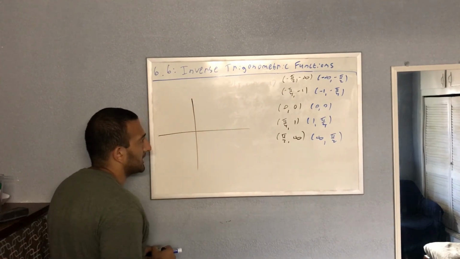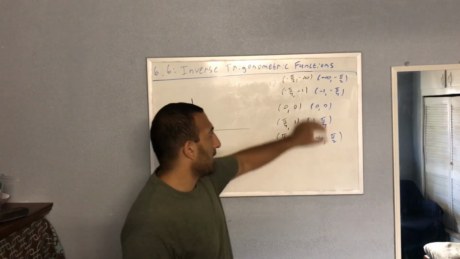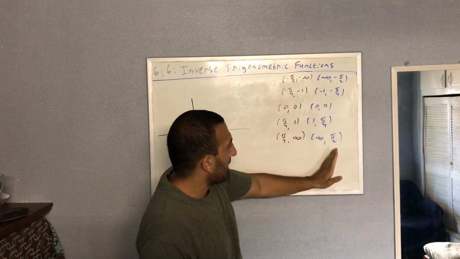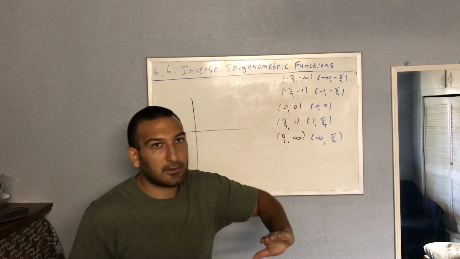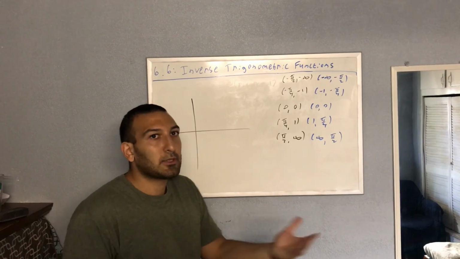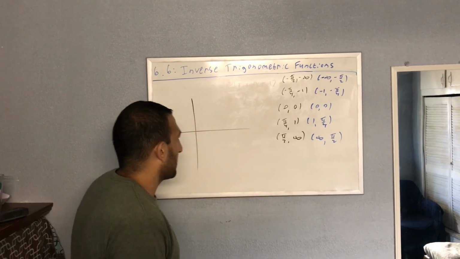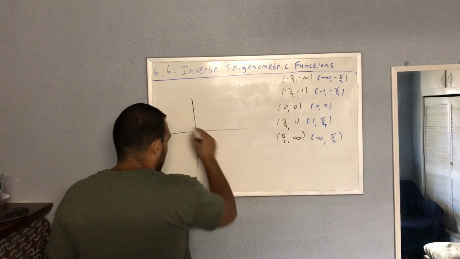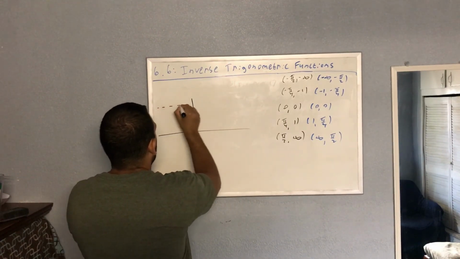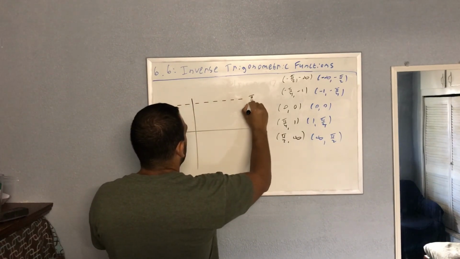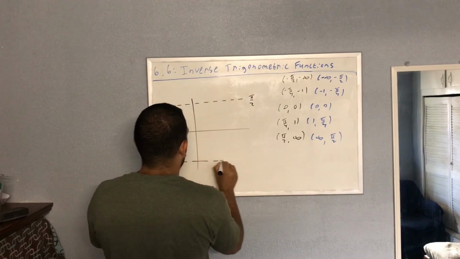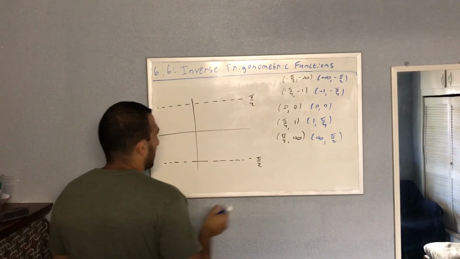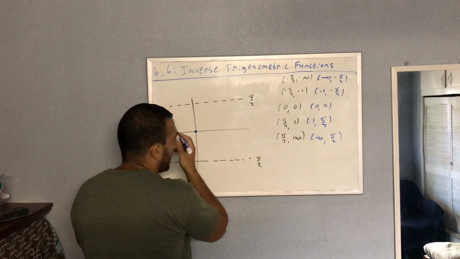And so notice that the x-axis values go from negative infinity to positive infinity, but the y-axis values are trapped between pi over 2 and negative pi over 2, which we already knew because we knew the domain and range, but this is just another way of seeing that. So instead of having the asymptotes be vertical, they're horizontal now. So you have one horizontal asymptote at pi over 2 and another one at negative pi over 2. And then at 0 we're 0.